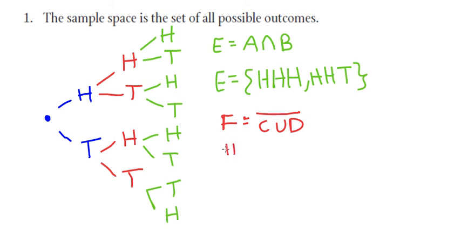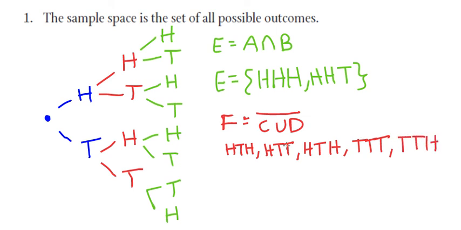It's also possible that it's heads, tails, tails, because that doesn't have 2 consecutive heads. It's also possible that it's tails, heads, tails, and then tails, tails, tails, or tails, tails, heads, because none of those have 2 consecutive heads as you look through them.